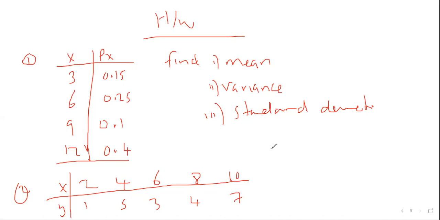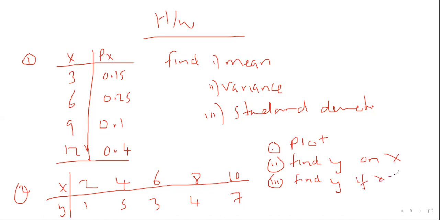Asked, number 1, plot. Number 2, find Y on X. It just means the regression equation. Number 3, find Y if X is 10. And number 4, find R and R squared and interpret.